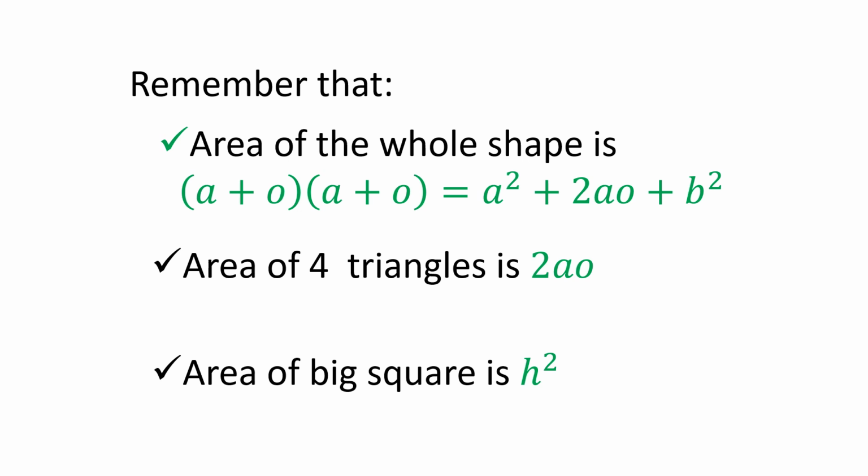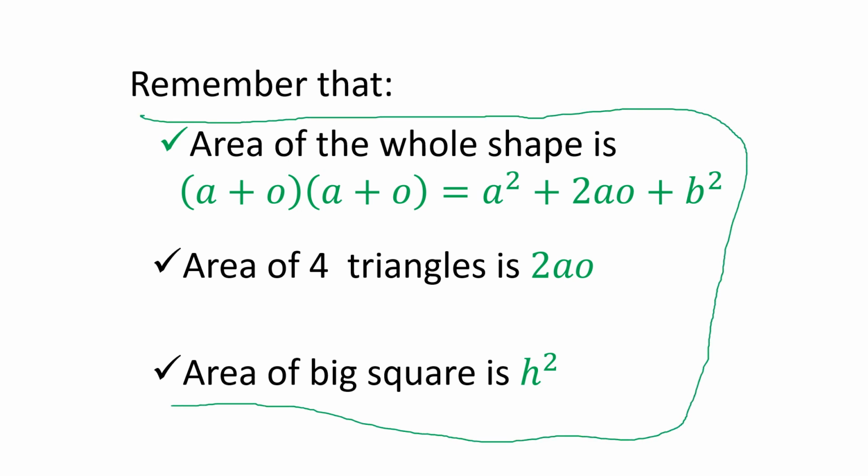Now, let us have some summary. My dear friends, there is something that I want you to remember. Area of the whole shape is adjacent plus opposite times adjacent plus opposite, which gives adjacent squared plus 2 adjacent opposite plus opposite squared.